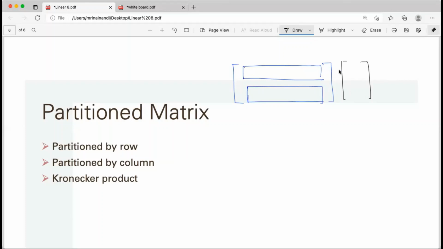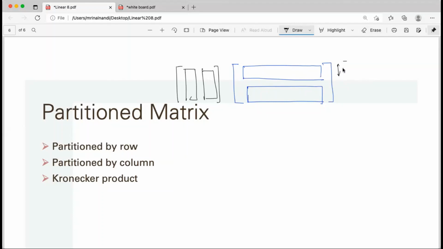in which way? You should go to the left side. If you partition the matrix by columns, same layer.